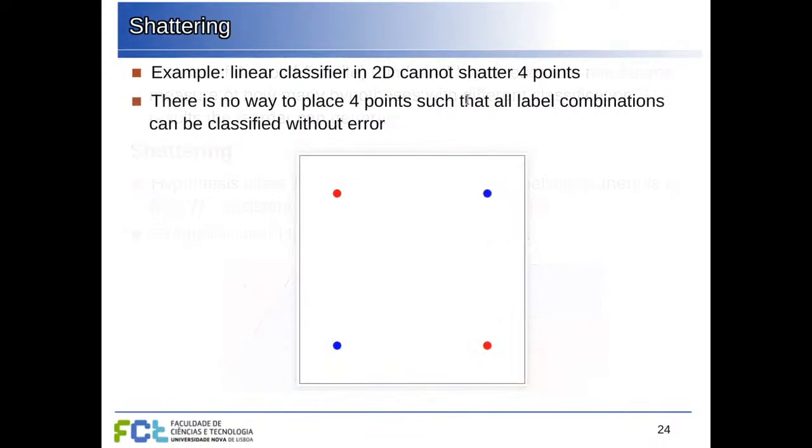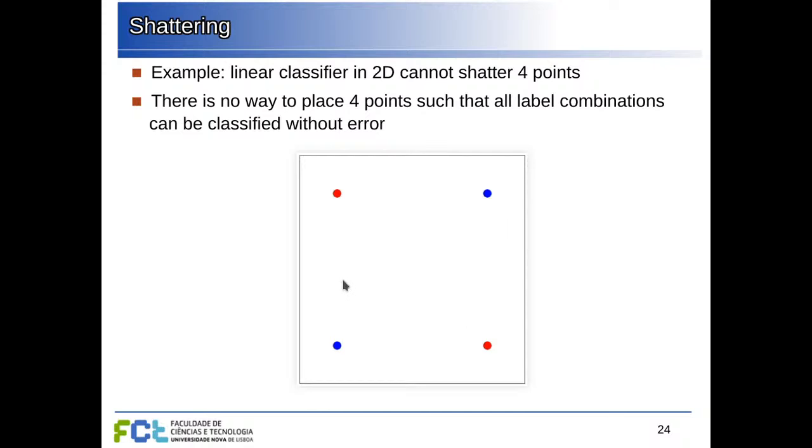So this gives us a way of distinguishing these situations, because if you go, for example, for 4 points, a linear classifier in 2 dimensions cannot shatter 4 points. There is no way to place 4 points that allows you to separate correctly the classes using a linear classifier when you consider all possible combinations.